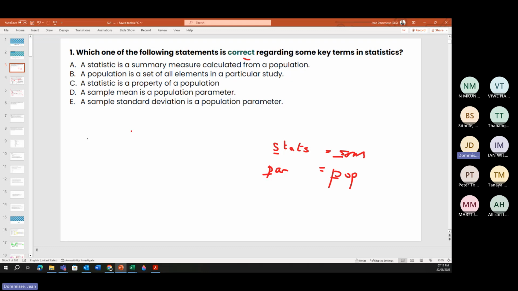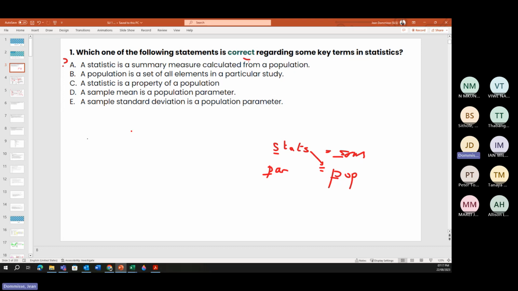So let's quickly look. A statistic is a summary measurement calculated from a population. Okay, I'm already questioning that, but let's see. A summary calculated from a population, that is something different from where a statistic is taken.